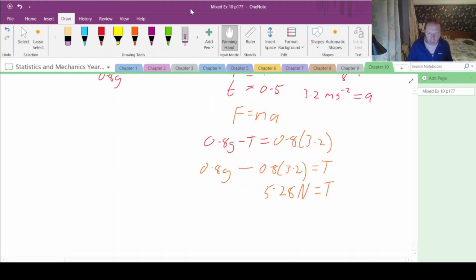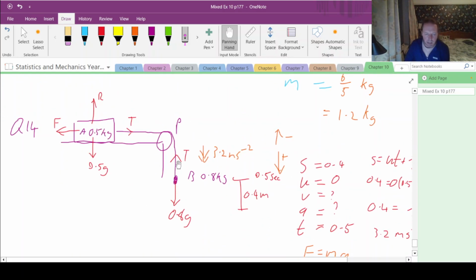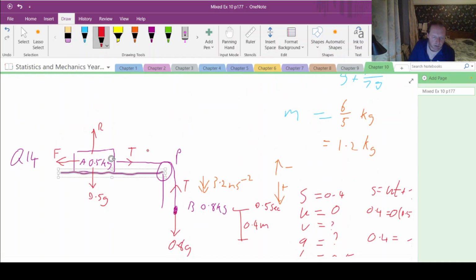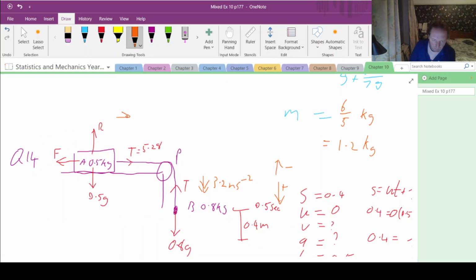The value of F. Oh yeah, we had that resistance force up here. Now that we've worked out the tension, 5.28, we can put that in, and we can start an F equals ma for the top of the pulley. We also know the acceleration is going to be the same, 3.2. For this one, I will consider that to be positive and that to be negative.